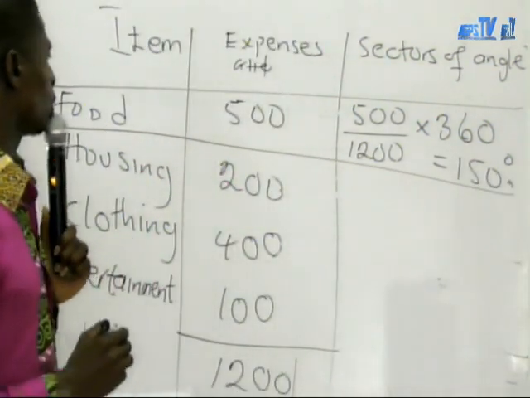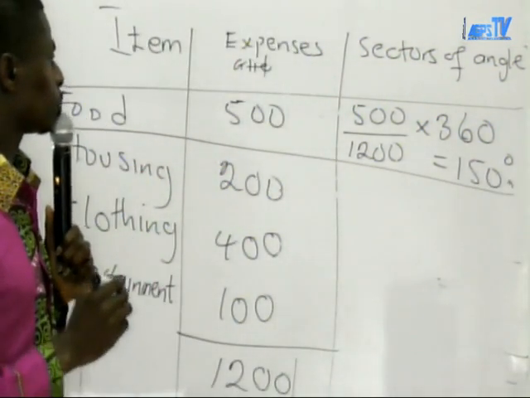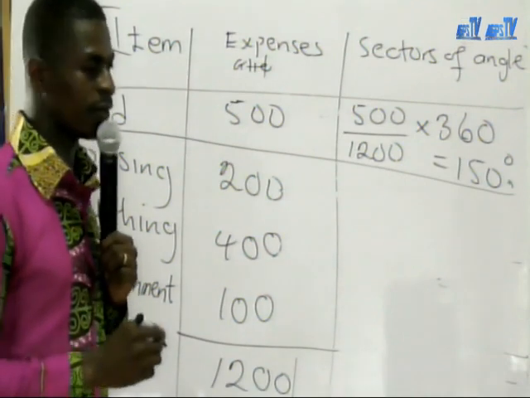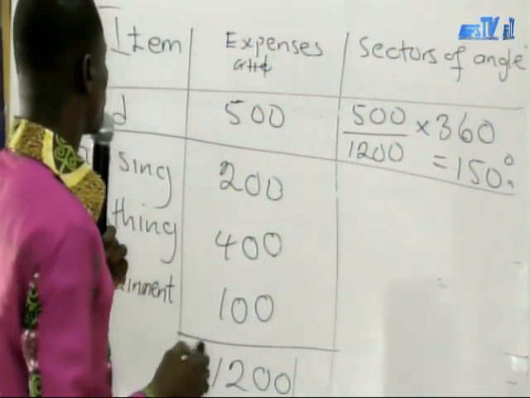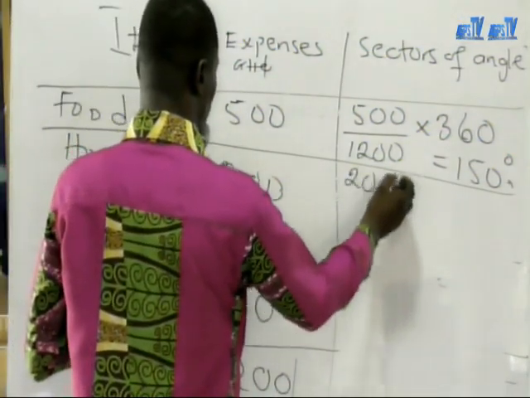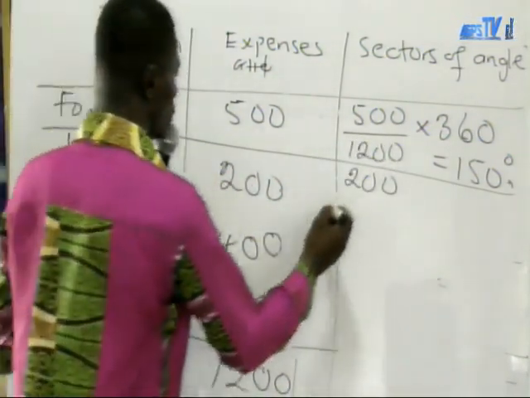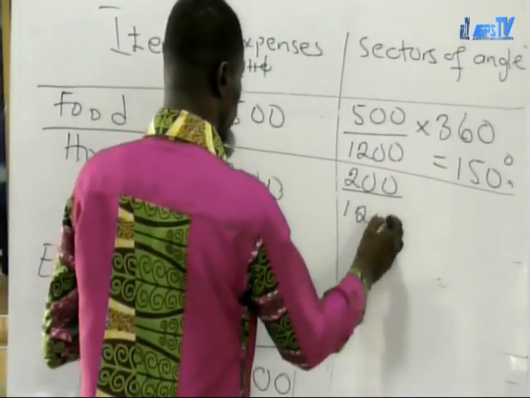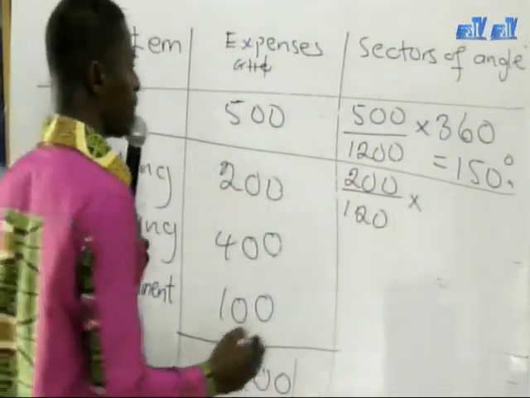Then we go into housing. So housing, we have 200. So we pick our 200 out of 1,200. Then we also multiply by 360.